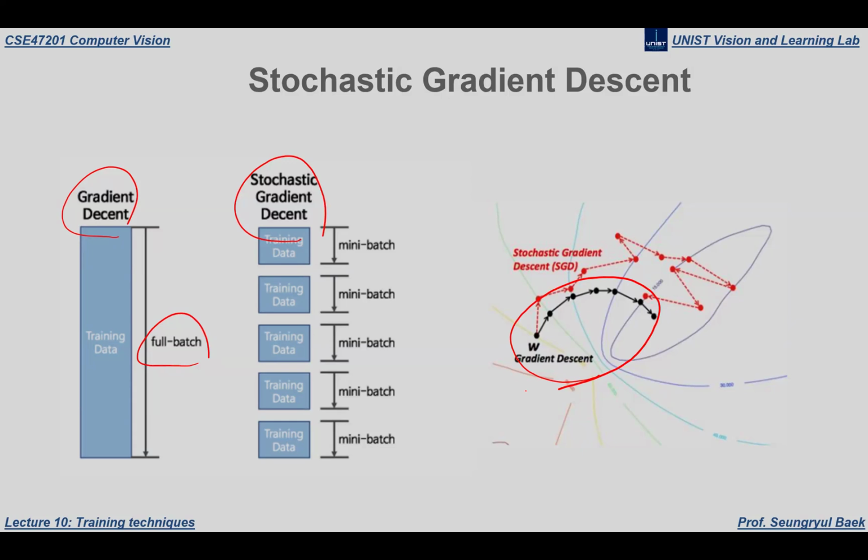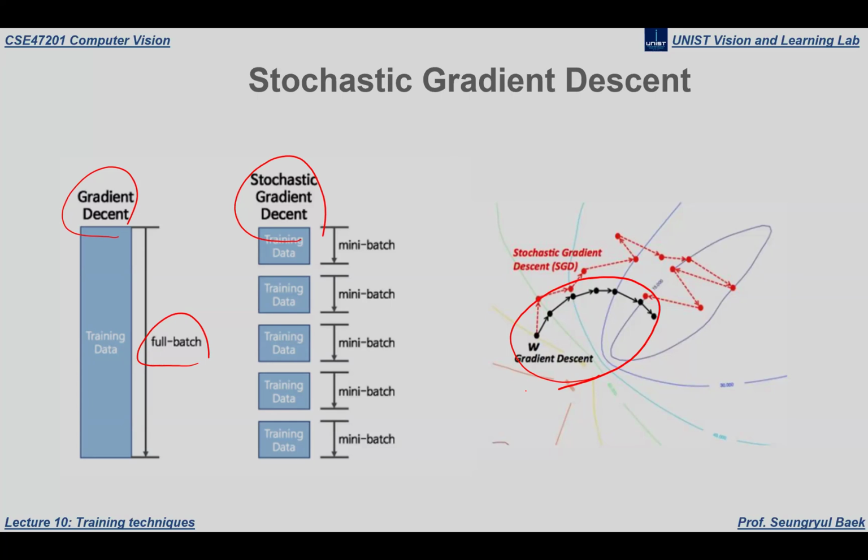But that step is optimal in the aspect of the training data, while we are testing our network on unseen testing data. So getting optimal parameters for the training data is not always optimal for the unseen testing data.